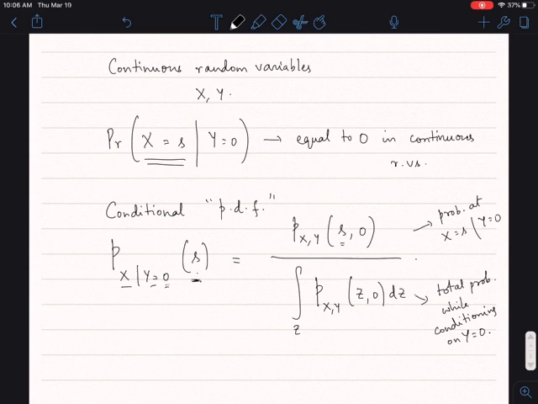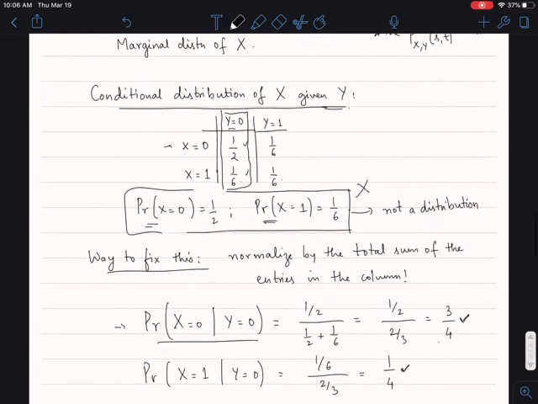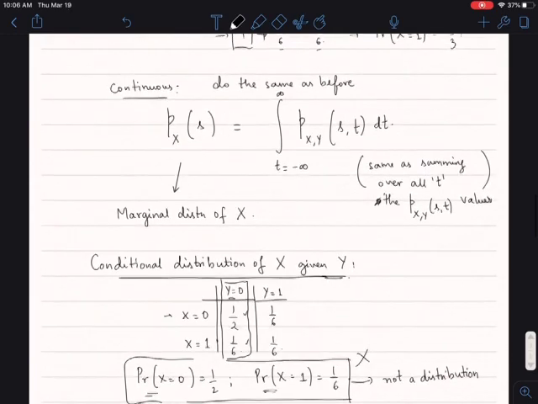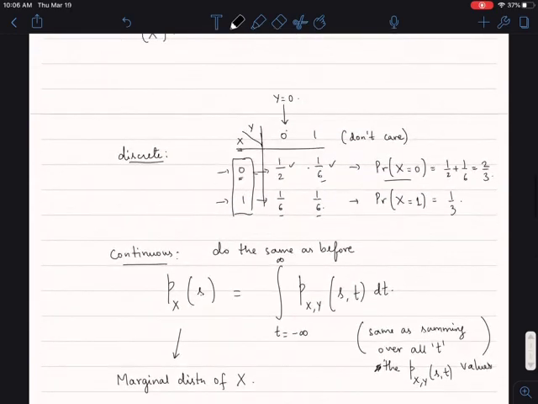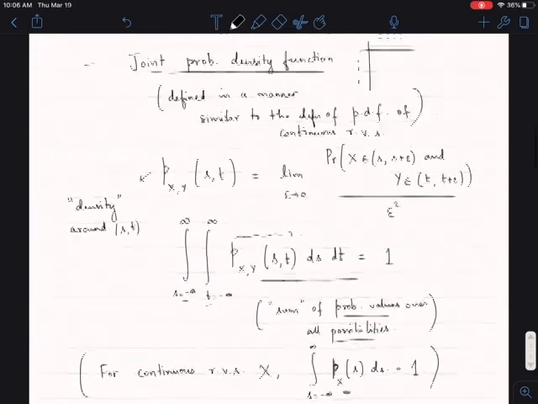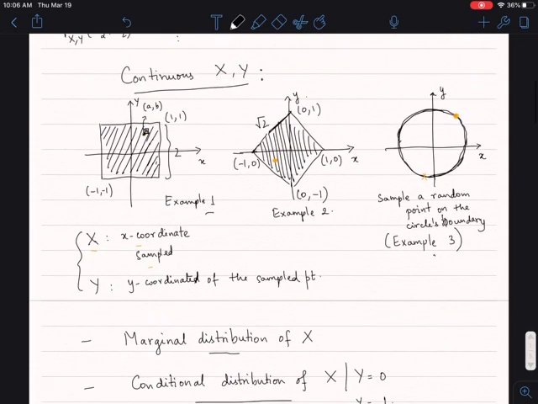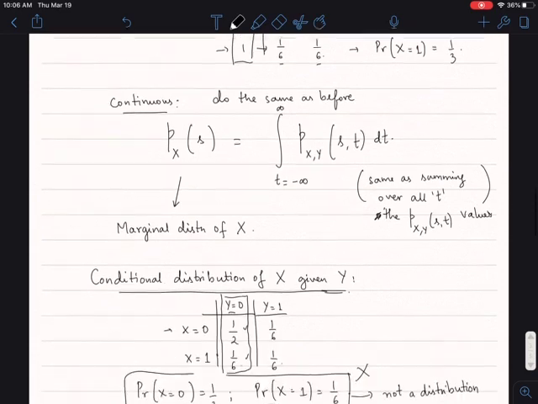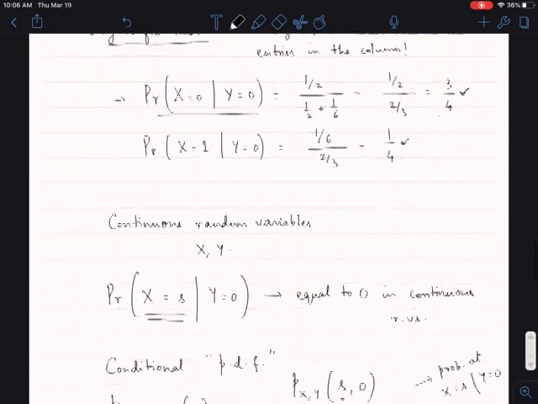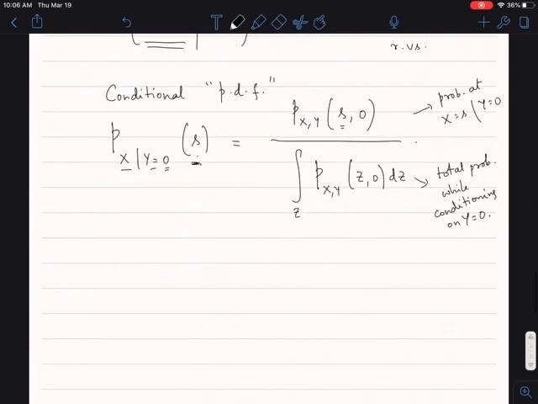All right, so this defines the notion of conditional distribution and marginal distributions for different variables, for jointly distributed random variables. So let's now go back to the examples that we had. Okay, so these are the 3 examples that we had. Let me copy paste this example, and let's work out a few of the explicit values for some of these things.